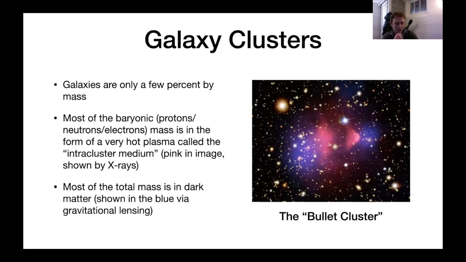It makes up most of the normal matter in the cluster. Most of the total mass in the cluster is in dark matter, shown in blue, revealed by gravitational lensing: the warping of space-time bends the light from distant galaxies behind the cluster. So that's kind of the motivation.